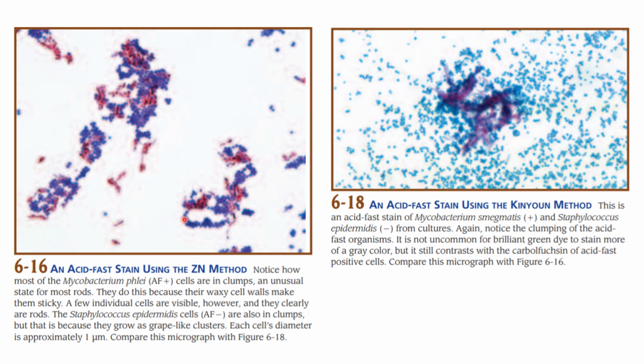And of course this one, the non-acid-fast, is Staphylococcus epidermidis. Okay. Acid-fast negative. Okay. And here is another example, we have Mycobacterium smegmatis, the pinkish one, and the purple color, and of course this green, we have Staphylococcus epidermidis. Okay.